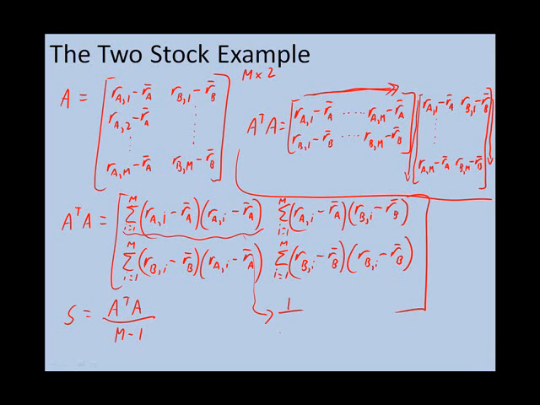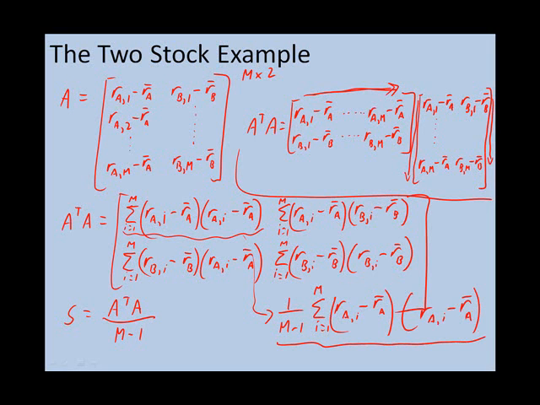We get 1 over M minus 1 multiplied by the sum from I equals 1 to M, RA I minus the mean for RA, all multiplied by RA I minus the mean returns on A. This is our formula for variance.